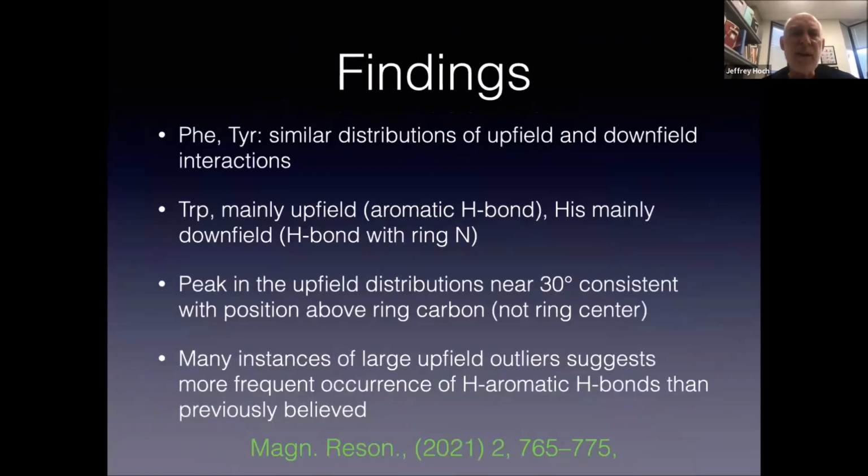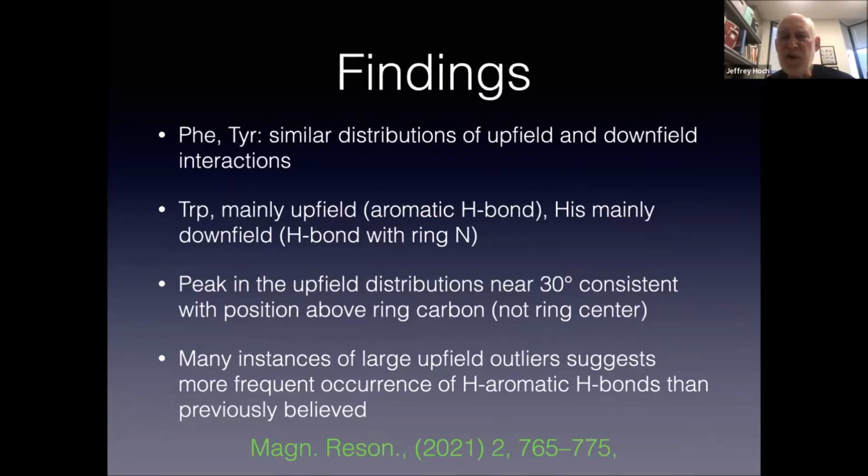So just quickly to summarize our findings, we found similar distributions for phenylalanine and tyrosine for upfield and downfield shifts. For tryptophan, we found mainly upfield shifts, and for histidine, mainly downfield shifts. And so in the case of histidine, it appears that it's more common for amide NHs to hydrogen bond to one of the electronegative nitrogen atoms of the histidine ring rather than to the p pi cloud.